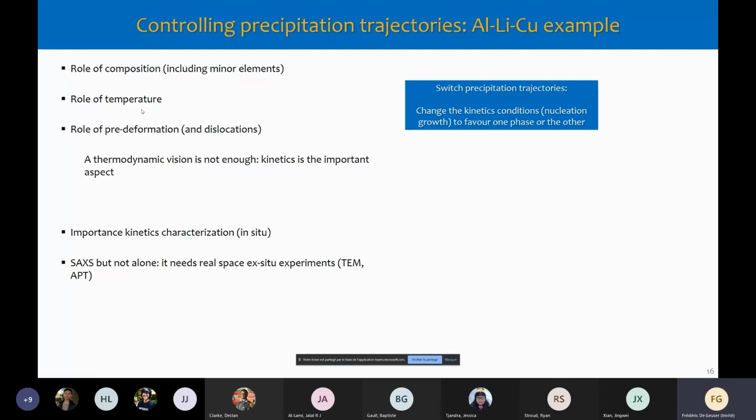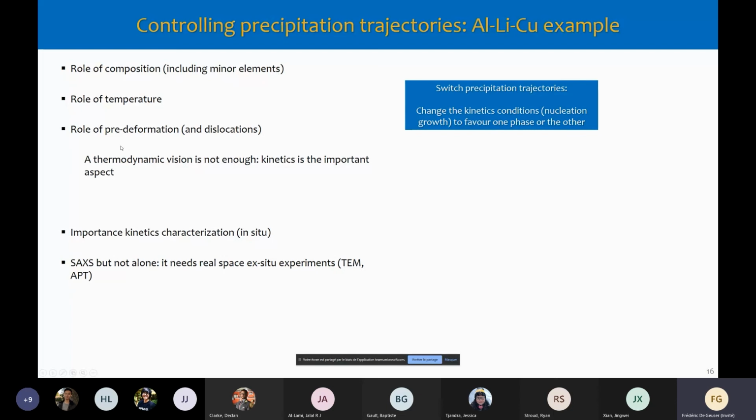It sounds a bit self-evident, but it wasn't that clear. There's of course the role of composition, but more interestingly, including the role of minor elements and the role of predeformation, dislocations.